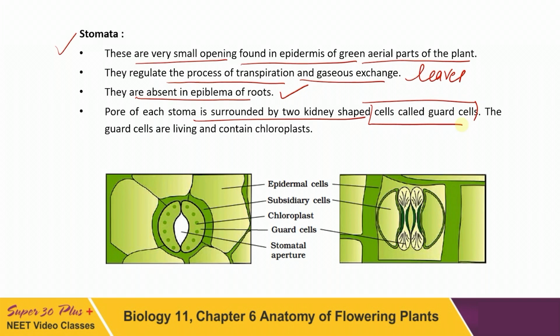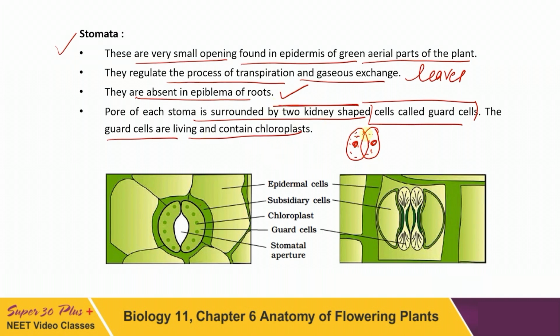These guard cells are living and they contain chloroplasts. I will give the detail of this. See now, this is one guard cell, that is the other guard cell. They have the nucleus and so many chloroplasts. In the case of dicot, these are kidney shaped.